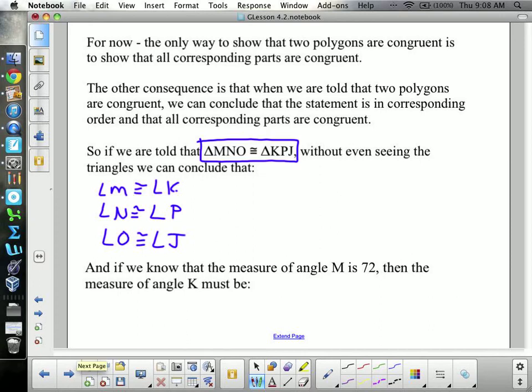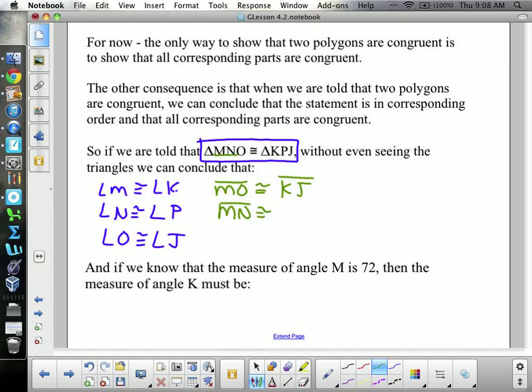A little tricky are the corresponding sides, but it's there. If we look at it, MO is a side. So segment MO has to be congruent to what segment over here? KJ. I'm sorry, I did MO. So KJ would be correct.